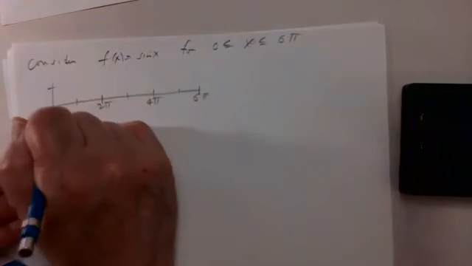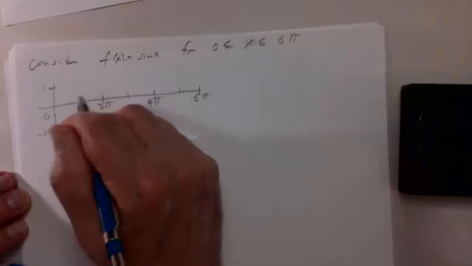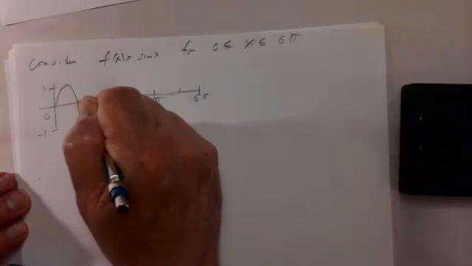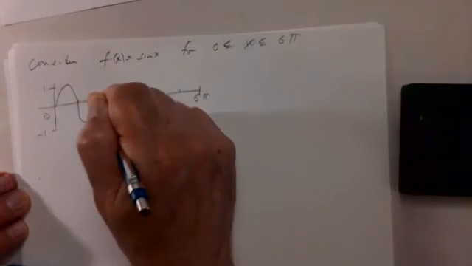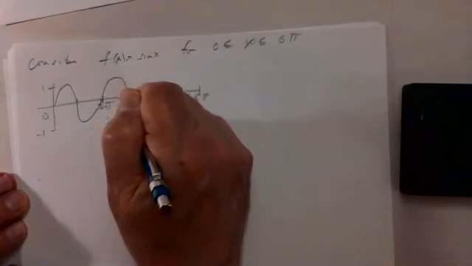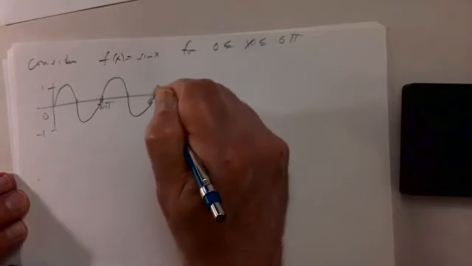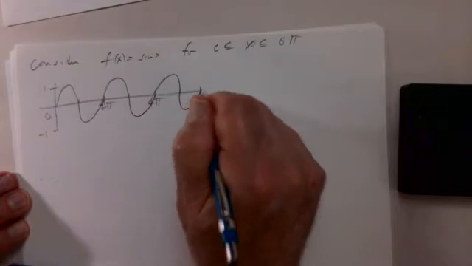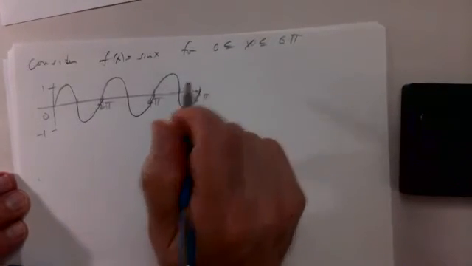Well, as you go from 0 to 2 pi, sine oscillates like that. From 2 pi to 4 pi, it oscillates again. From 4 pi to 6 pi, it oscillates again. That's the graph of the function.